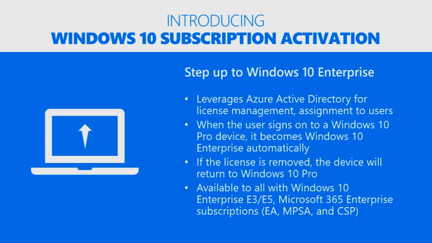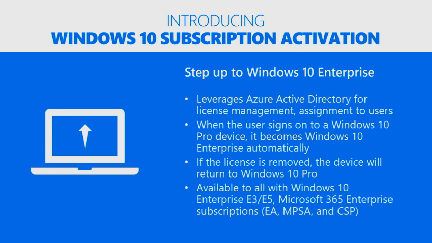So you can actually assign a Windows 10 Enterprise E3 or E5 license to an Azure Active Directory user, and anytime they then sign in to a Windows 10 Pro device, it automatically becomes Windows 10 Enterprise. No extra work. If by chance the license is later removed or if the license expires, doesn't matter, the machine will later step back down to Windows 10 Pro and everything's good.